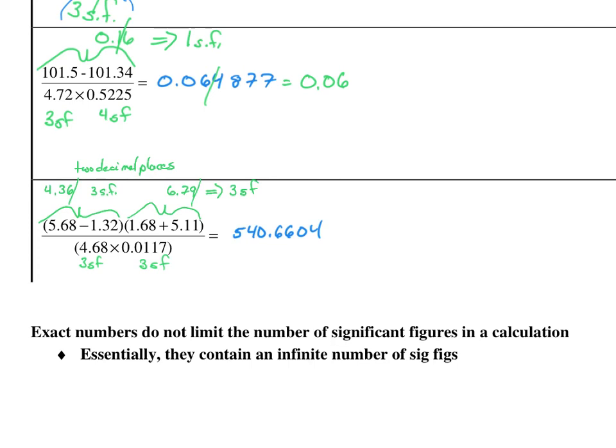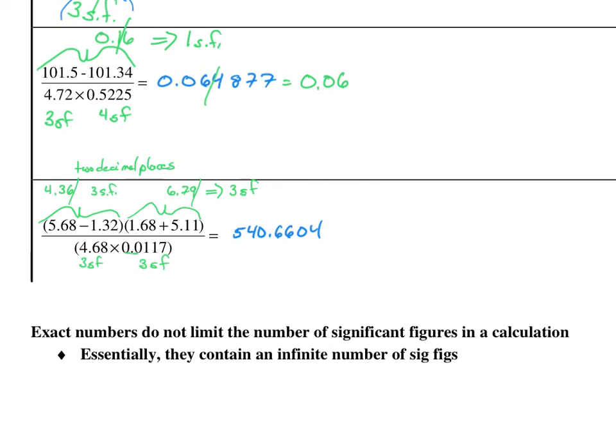So now we can look at the overall problem. We have 2 numbers multiplied that each have 3 sig figs. So thus far 3 sig figs is our limit for our final answer. The bottom, there's also 2 numbers each having 3 sig figs. Again, these leading zeros here don't count as significant.